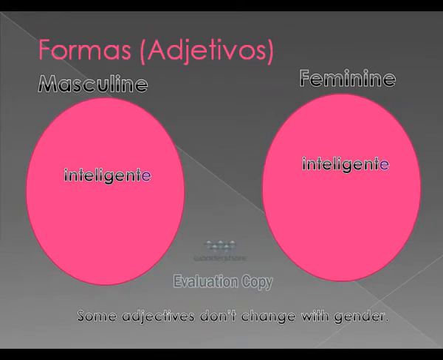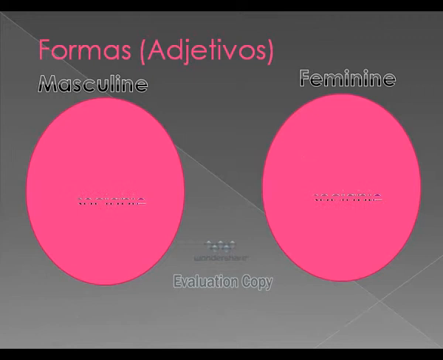But some adjectives don't change with gender. So it doesn't matter what the gender of the noun is, you're still going to have inteligente with an E at the end. English E. And the same with the feminine. Inteligente. Sociable. And also with this word deportista.